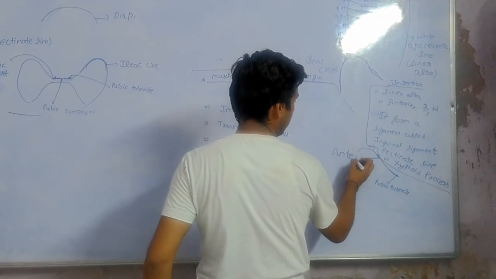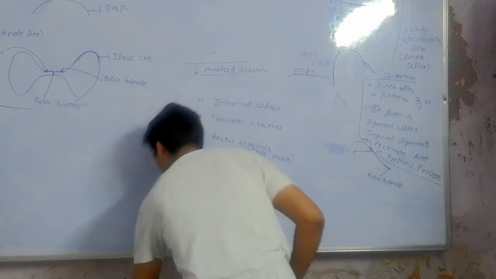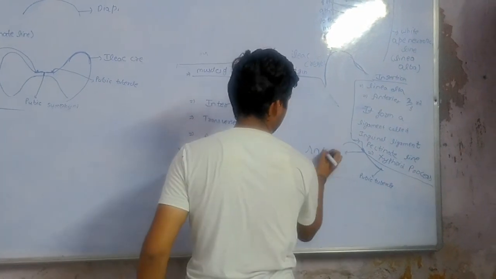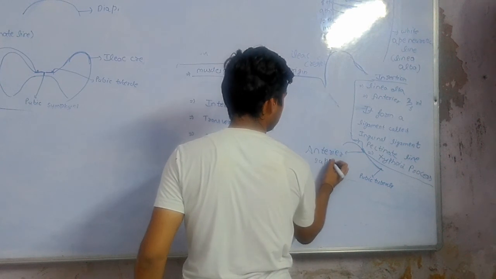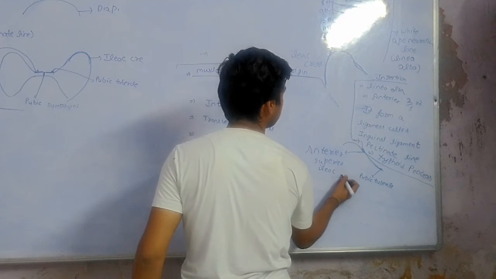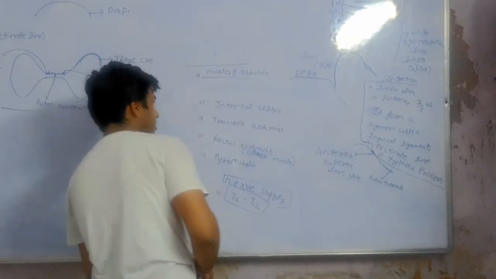The first point we will cover is the anterior superior iliac spine. This is a point where some origin and insertion take place.